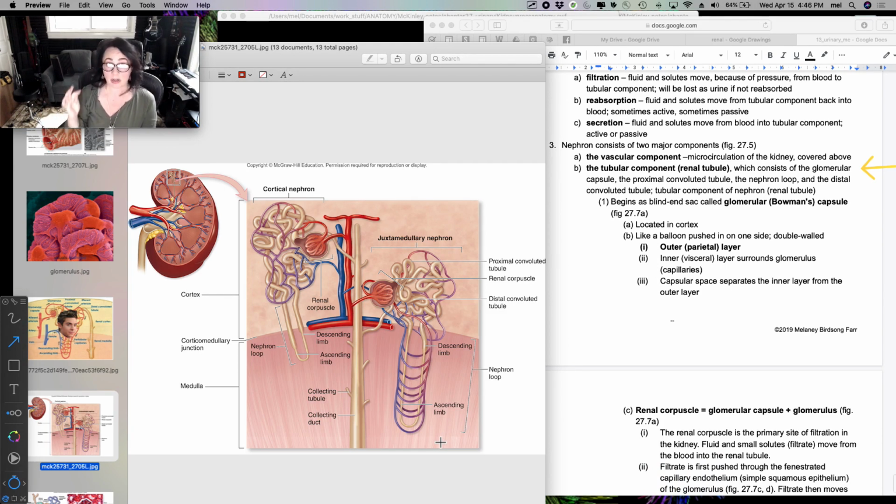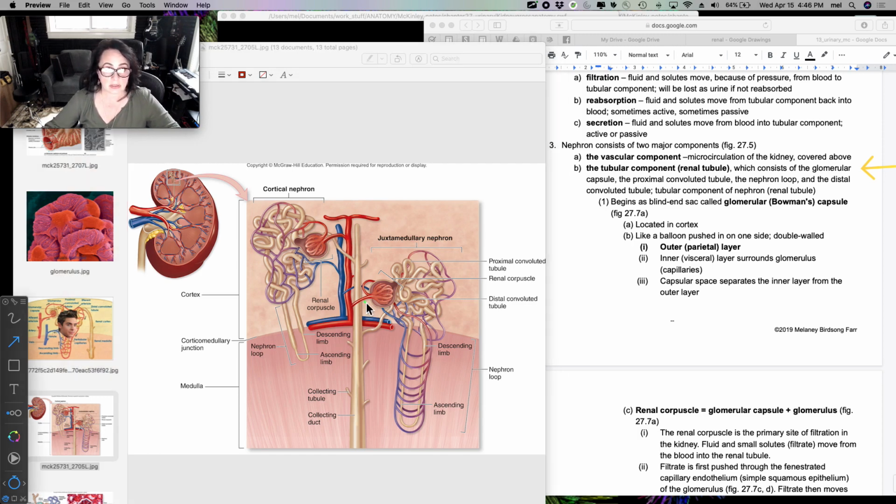And the vascular component of the nephron, we're going to go through it again one more time, starts with the afferent arteriole, okay, the afferent arteriole right here, glomerulus, efferent arteriole, peritubular capillaries or vasa recta, and then it dumps back into the macrocirculation when it dumps back into the interlobular vein. So this is all the microcirculation of the kidney, the vascular component of the kidney.